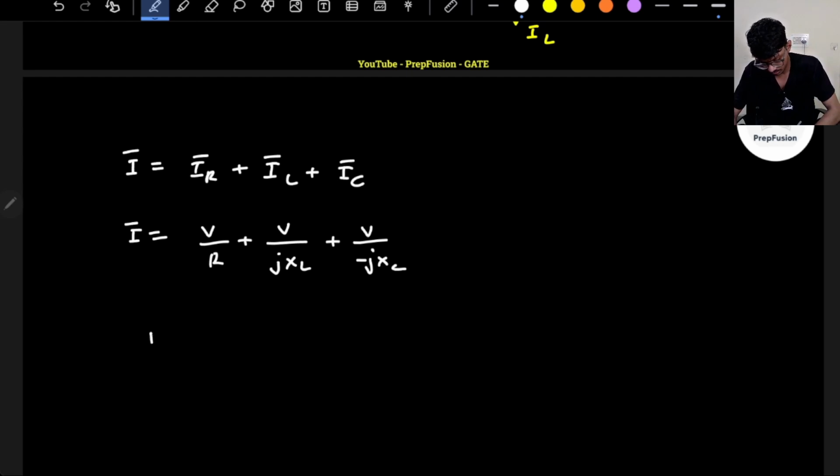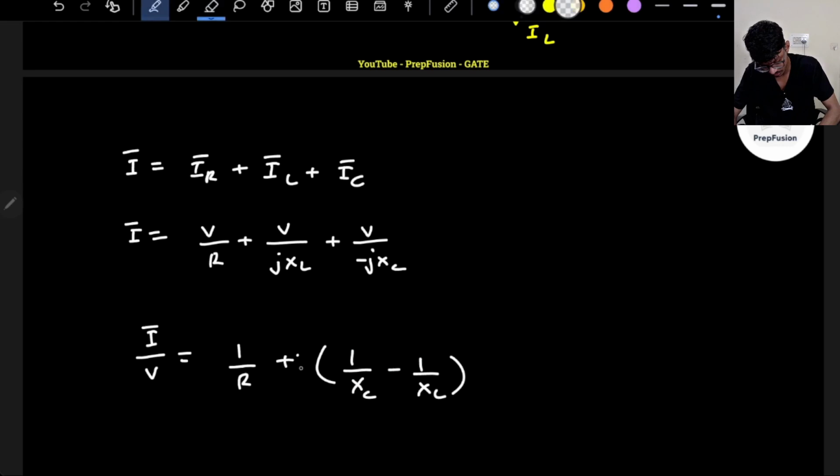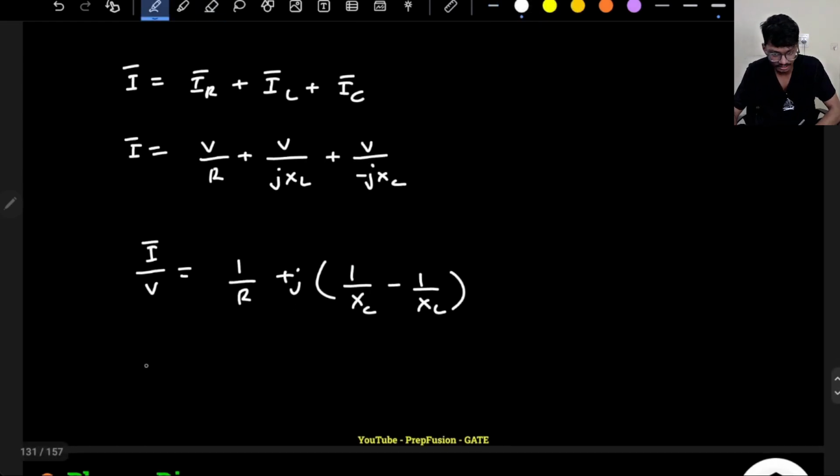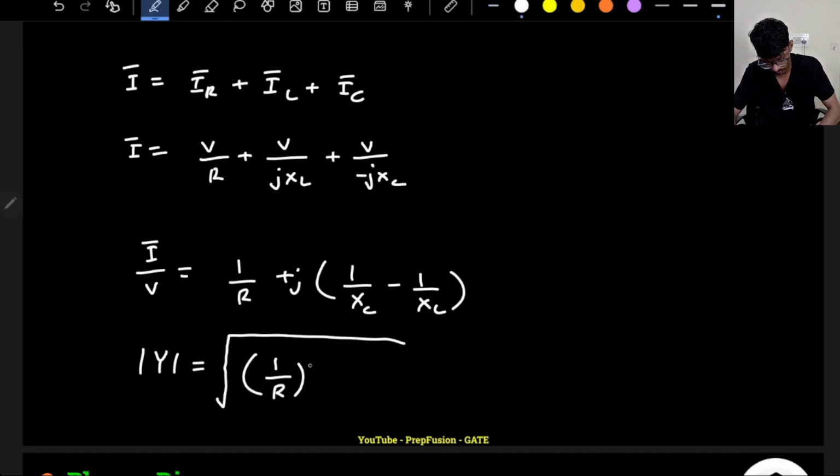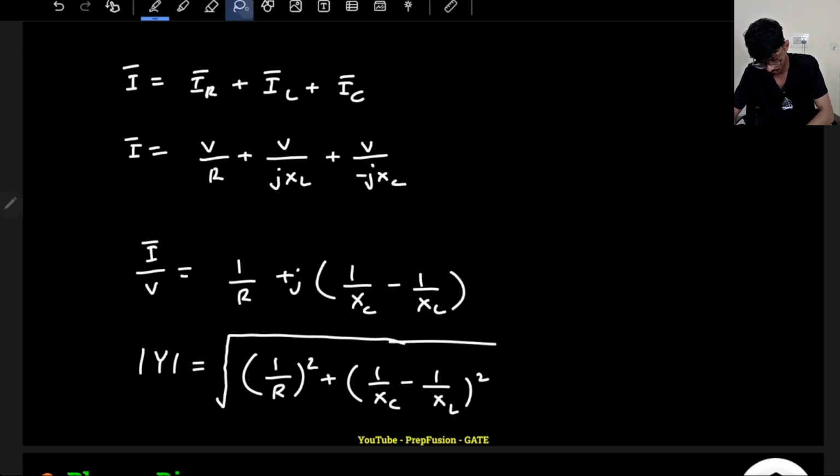So your I by V will be 1 by R plus j times (1 by XC minus 1 by XL), with j of course on the outside. From here again I will not be able to comment on the angle, but of course you will be able to comment on the magnitude of admittance, which will involve 1 by R and 1 by XC.